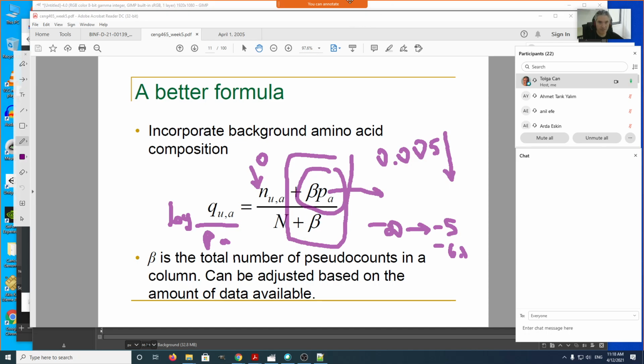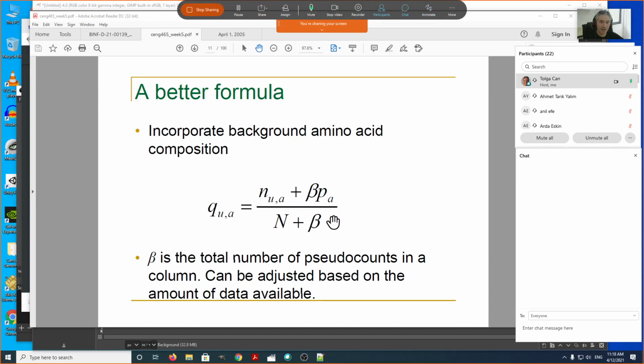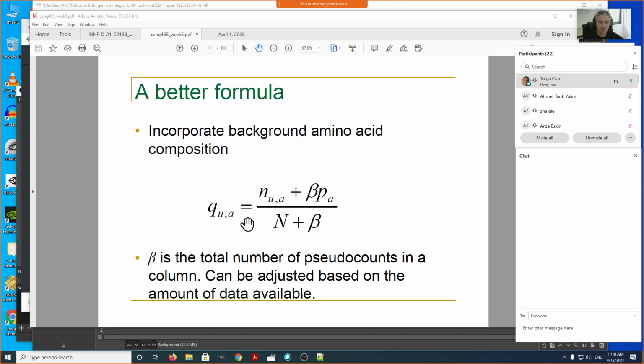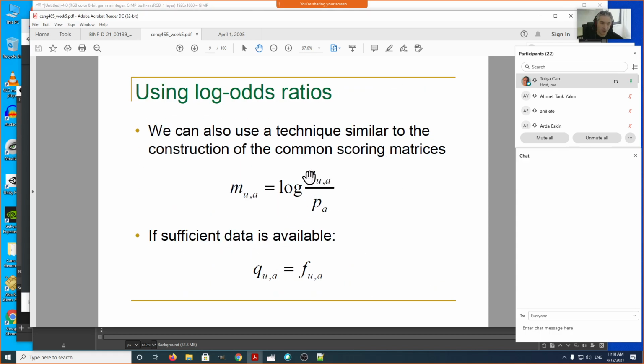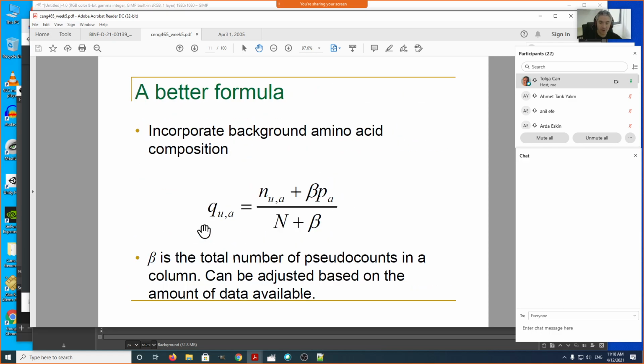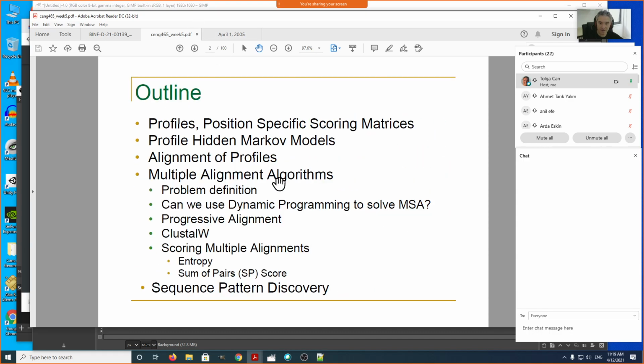So this better formula is what we may use for computing QUA, and we are going to plug in QUA here. This PA can be the amino acid frequencies that are observed in our protein family, so it may be specific to our protein family, which will make this really like a position-specific scoring matrix tuned for our protein family. Up to this point in the slides, when you compute MUA, we are still doing the same thing.